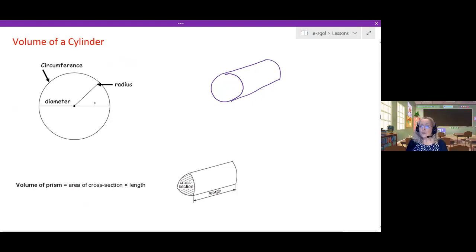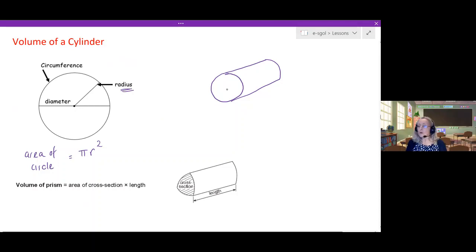And with this, in order to find the area of my face, the area of a face is pi r squared, and that is the area of a circle. So the area of a circle is pi r squared, where the r is the radius here, and that radius goes from the middle to the outside of the circle.